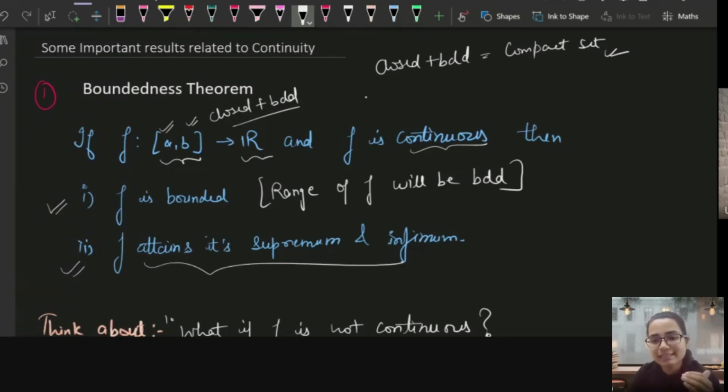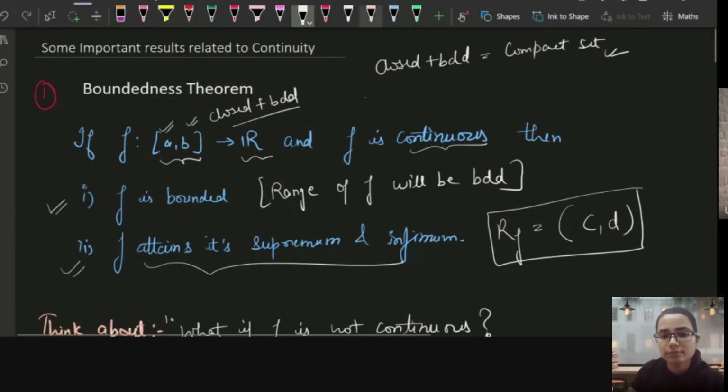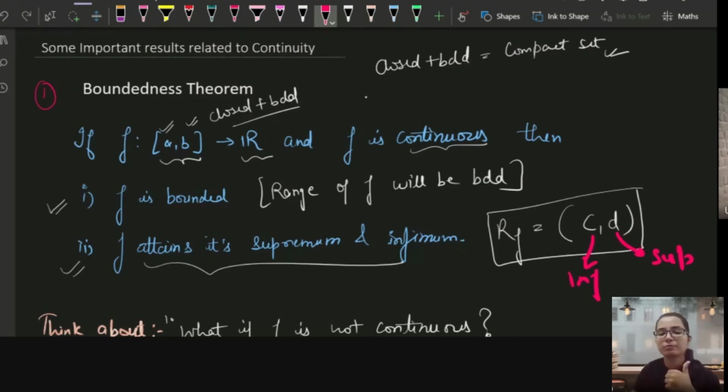Since the range set is bounded, it will not be like this. Suppose the range set of F is this. In this case, what is the supremum of this set? The supremum of this set is this, and the infimum of this set is this. But in this case, you cannot attain the supremum and infimum. That means the supremum and infimum should lie in that set itself, but in this case, they don't.